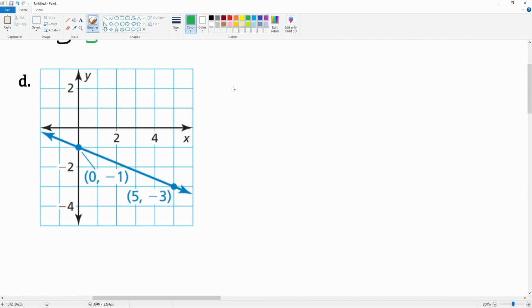Same thing here. First of all, we want to find the slope. So the slope is delta y over delta x. Let's see visually how I can get it. Grab 2 points here. Right here is 1 point. Here's the other point. This goes down 1, 2. So delta y is -2.